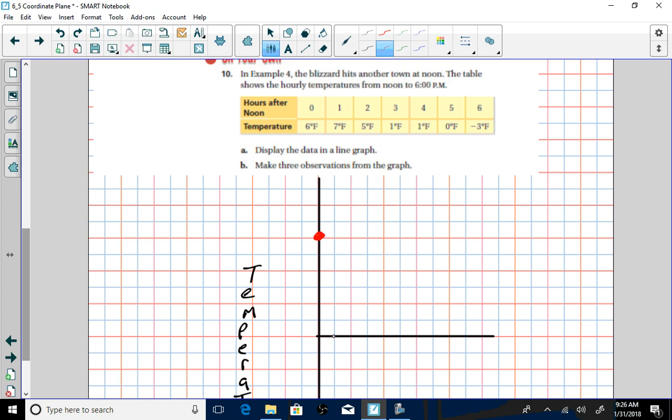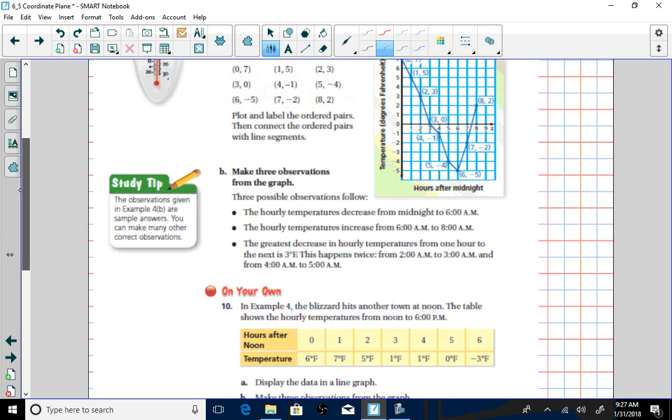Then we have 1, 7. 2, 5. 3, 1. 4, 1. 5, 0. And then it's 6 down here at -3, right?